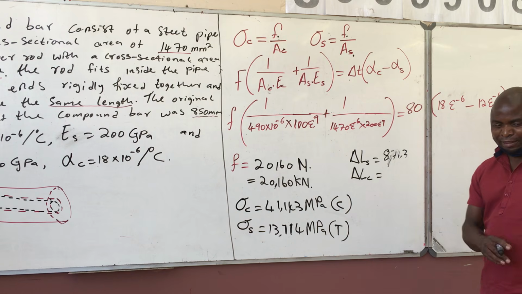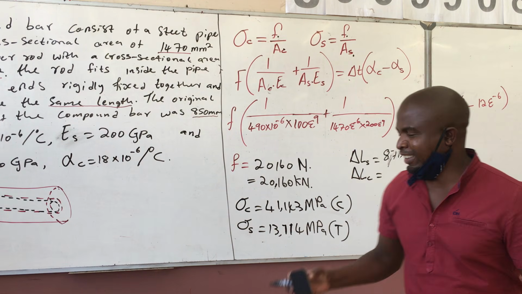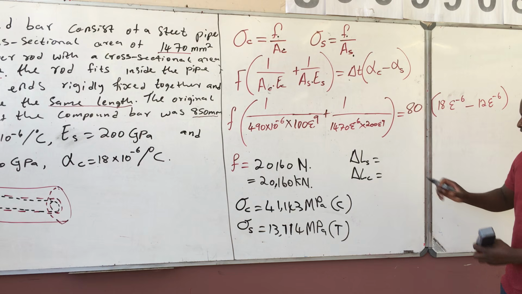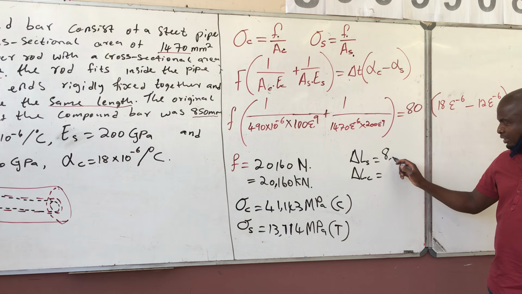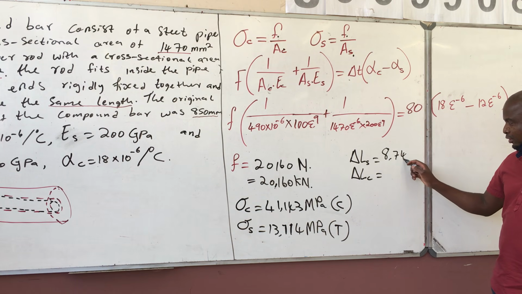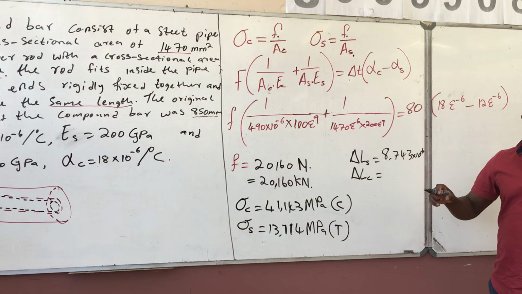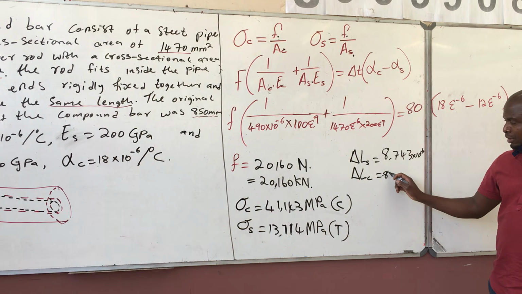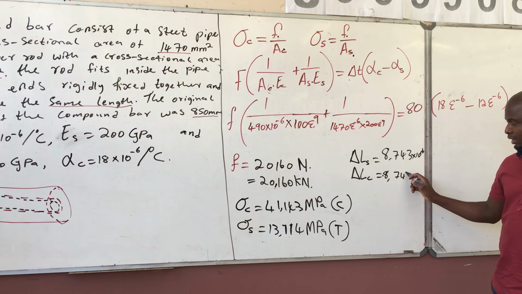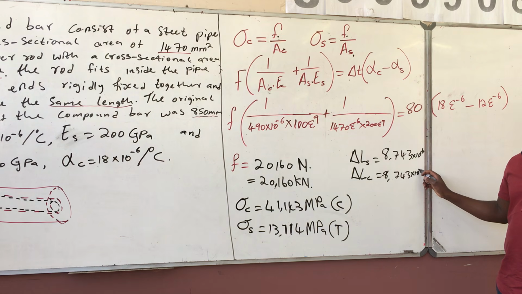Okay, let us start afresh. It's 8.743 times 10 to the power minus 4. Others? This one, we're using this one. It's 8,743 times 10 to the power negative 4 meters.